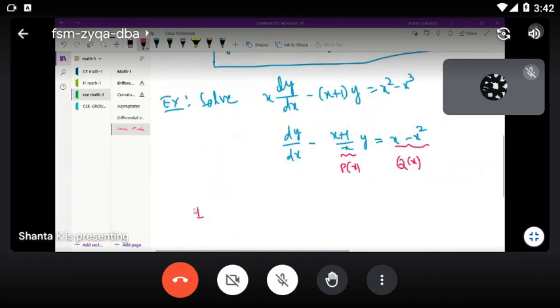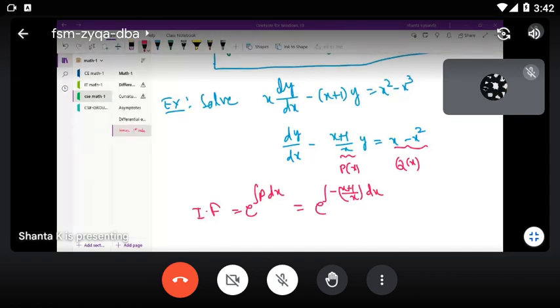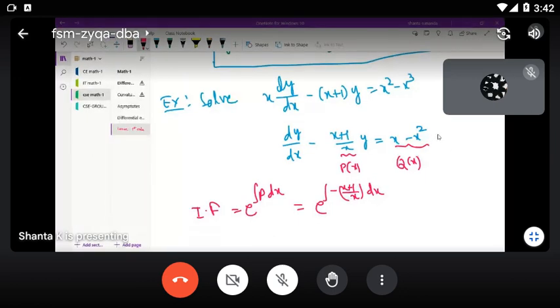So the integrating factor here will be e power integral of p dx. Here the integrating factor is integral of minus (x plus 1) by x, dx. If you further simplify this, p of x equals minus (x plus 1) by x, and q of x equals x minus x squared.